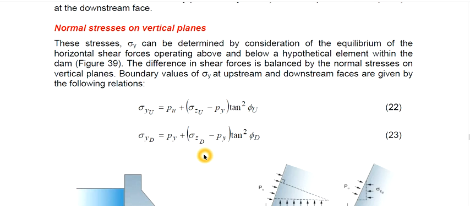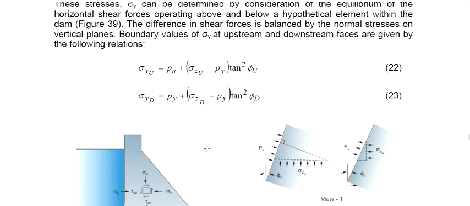If you consider a hypothetical element or a wedge in the body of a dam, you can take the shear forces above and below the element, and the differences in the shear forces above and below the hypothetical element are balanced by normal stresses on the vertical planes.